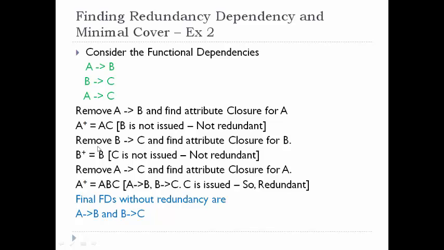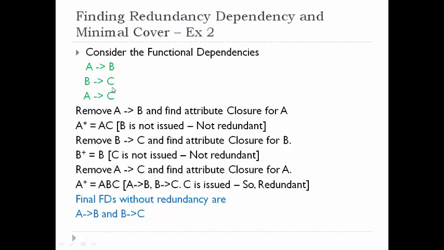The next step is to find B closure after removing this B tends to C. So if you try to remove this B tends to C, we don't have any dependencies which have B on the left. So obviously it gives only B, and since C has not arrived, we are not supposed to remove this B tends to C. Now considering the third dependency, we try to remove this A tends to C and that gives A closure as A, B. So A and B have arrived.